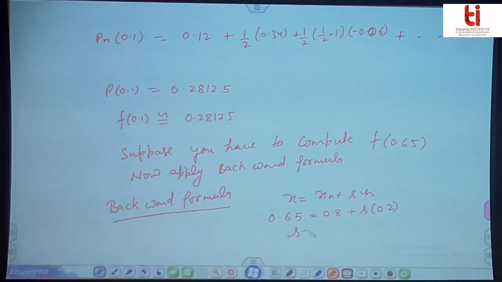So s equals (0.65 minus 0.8) upon 0.2. It will always be negative. The value of s is coming out to be minus 3/4.